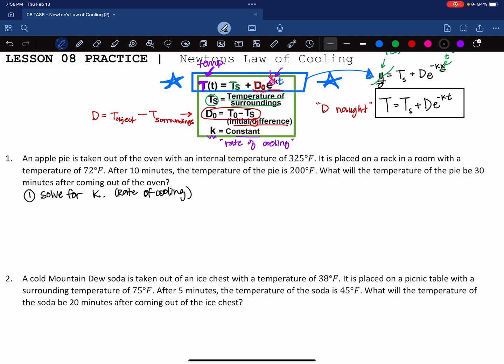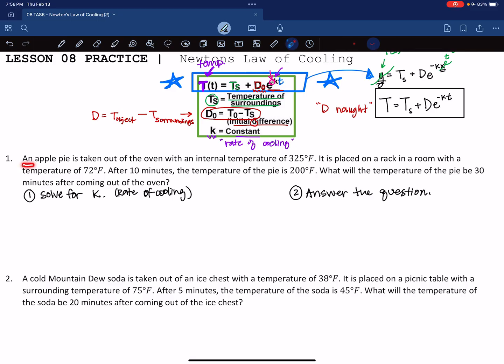The second phase is to actually answer the question. Two phases. And it gets kind of tricky because there's all these numbers and where do we plug them in? So we're going to go over that. All right, here we go.